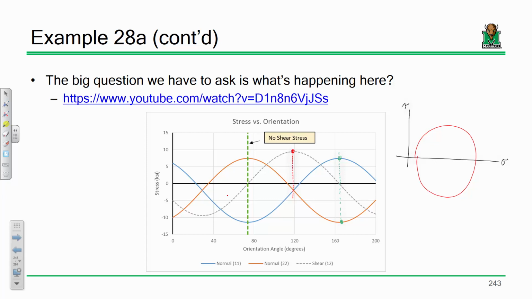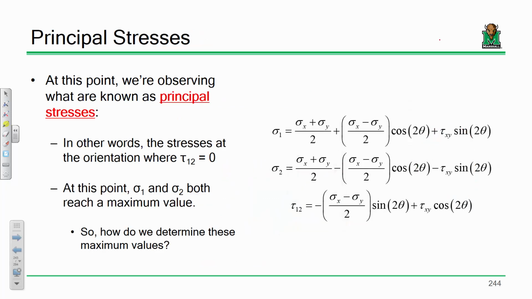I'm going to leave that part there because I don't want to ruin it. But let me explain where this is headed. When you plot that out, you find that maximum normal stresses are where shear stresses equal 0, okay?